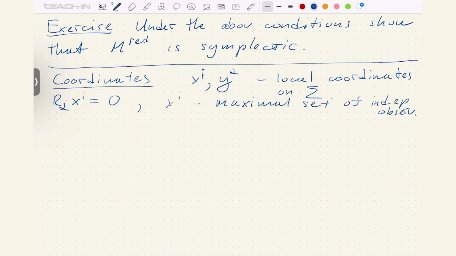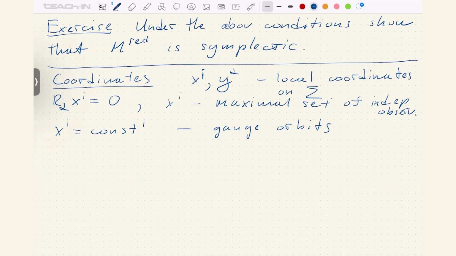So we have a very special coordinate system. In this coordinate system, for instance, xi equal to constant surfaces are gauge orbits, and the remaining variables y alpha are, roughly speaking, coordinates on the gauge orbits.